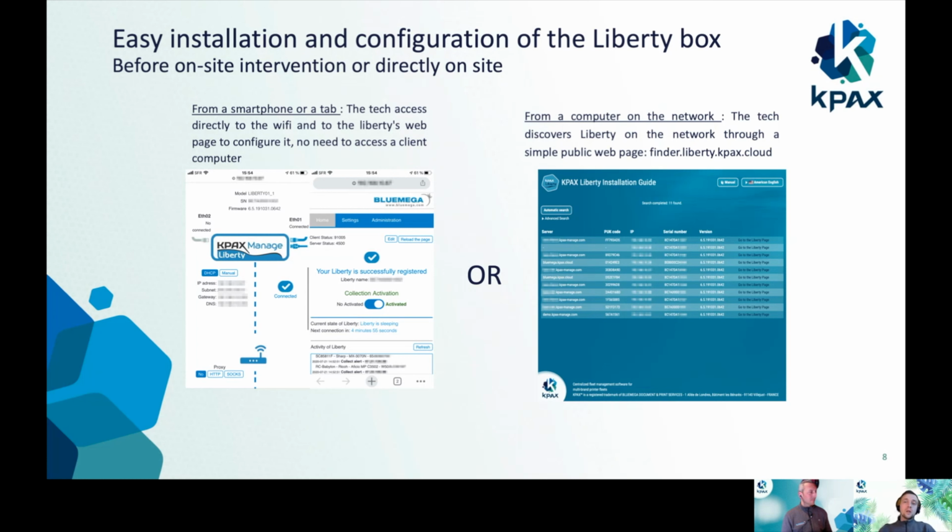And the second one is to use the public web page, the Finder Liberty, through a computer on the same network as the Liberty. The Finder will then scan the network to reveal the Liberty. Once discovered, you will be able to access the Liberty web page and set it up.